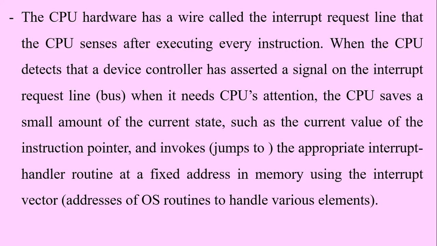When the CPU detects that a device controller has asserted a signal on the interrupt request line or bus, when it needs the CPU's attention, the CPU saves a small amount of the current state, such as the current value of the instruction pointer, and invokes or jumps to the appropriate interrupt handler routine at a fixed address in memory using the interrupt vector, whose addresses of OS routines are used to handle various elements.